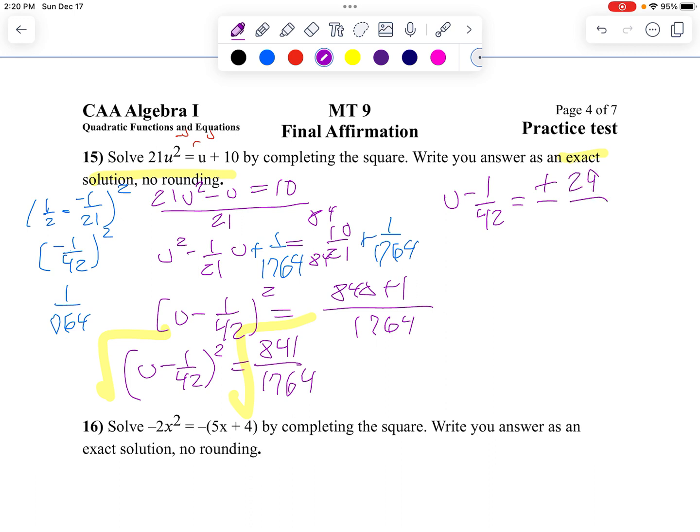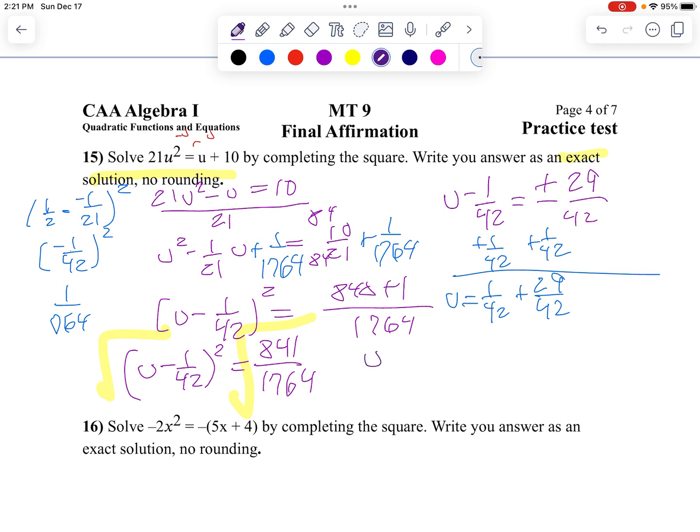And the square root of 1764, I already know, is 42. So to solve this, I'm going to add 1 over 42 to both sides. So u equals 1 over 42 plus or minus 29 over 42.